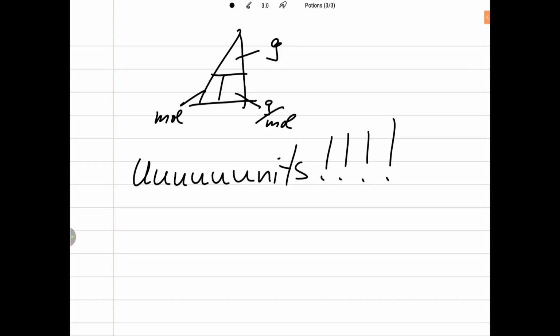This is a crime. Let's face it. Yeah? All of a sudden there's a number turning up. No unit. Could be anything. Could be grams per mole. It could be moles per gram. It could be turkeys eaten at Christmas. Yeah? It could be anything.